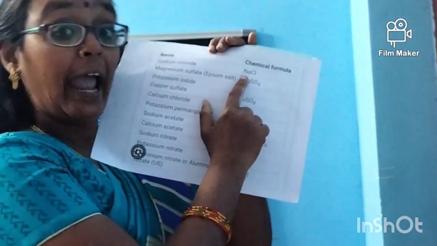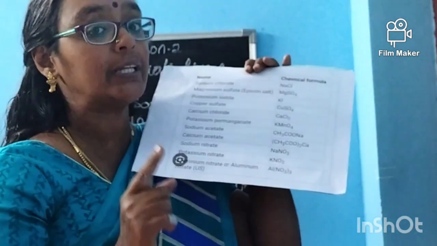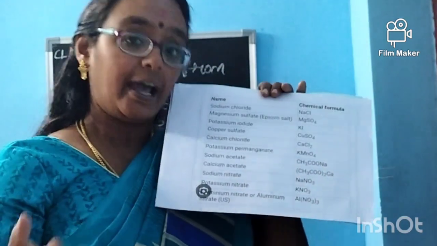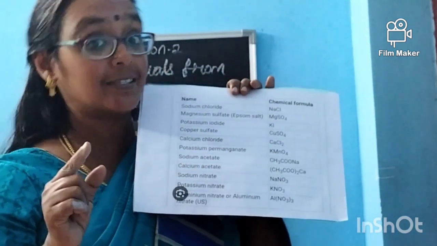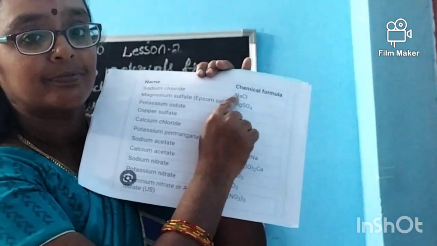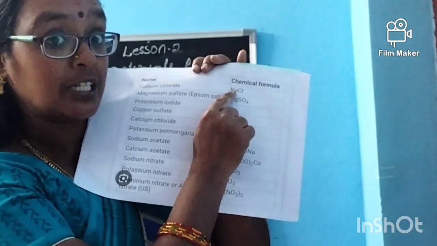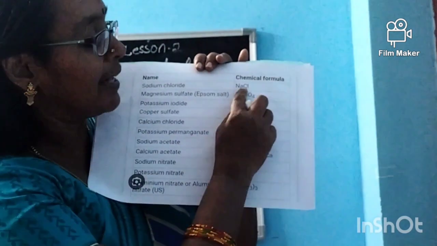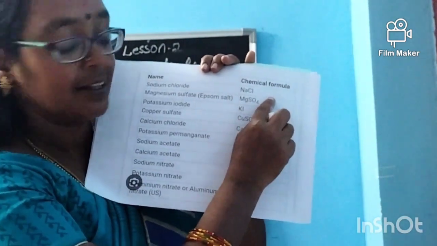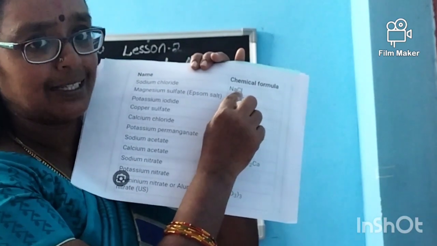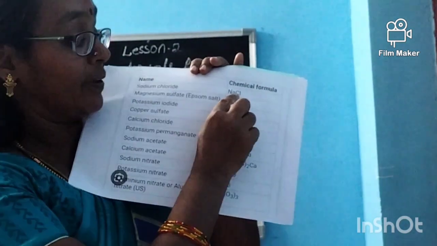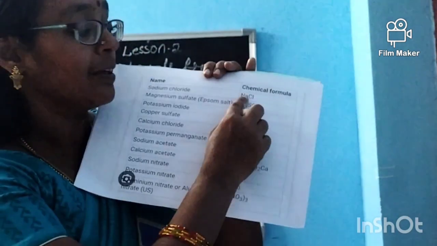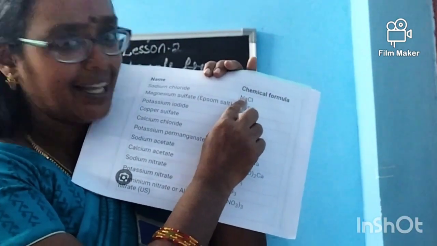We know that acid contains H plus ion and base contains OH minus ion. Na is plus because it's a metal, and we add OH, so NaOH is the base. With Cl minus we add H plus, so HCl. So from HCl and NaOH, NaCl came. Is it clear?